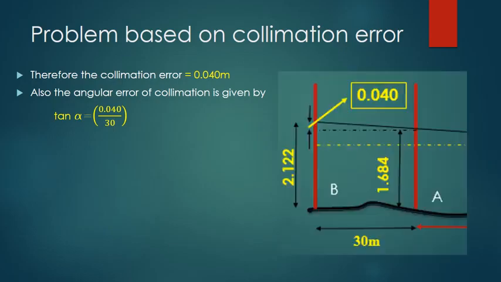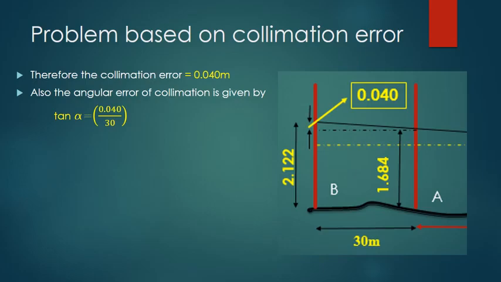Let us see. This is a portion of that particular figure in which we concentrate on this small triangle formed by the base as 30 meter and the perpendicular as 0.040. If we take tan alpha of that, we get 0.040 divided by 30.